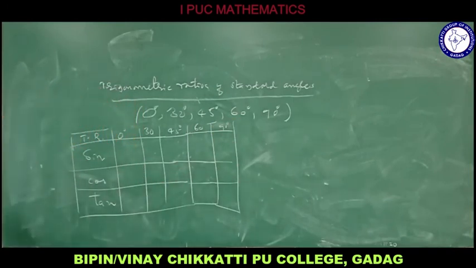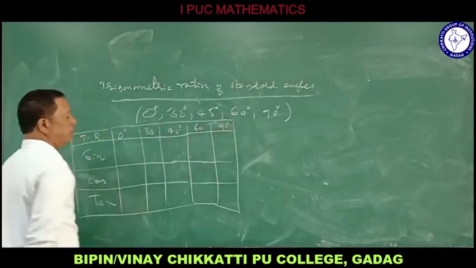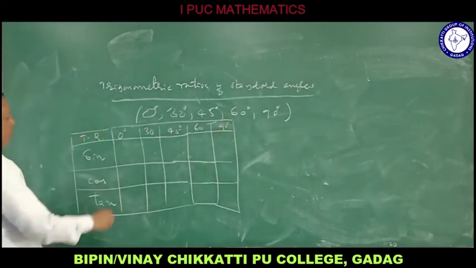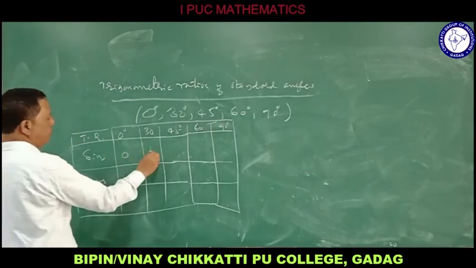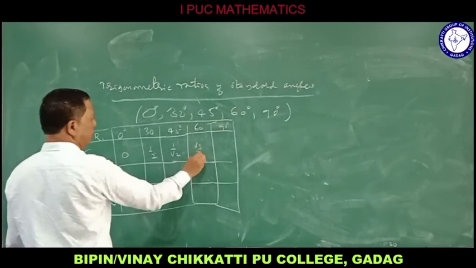Now, how to fill up this box, that I am explaining here. Sine 0 is 0, sine 30 is 1 upon 2, sine 45 is 1 upon root 2, sine 60 is root 3 by 2, sine 90 is 1.